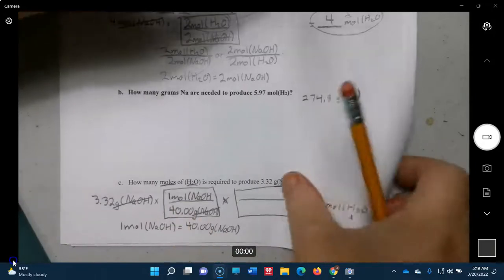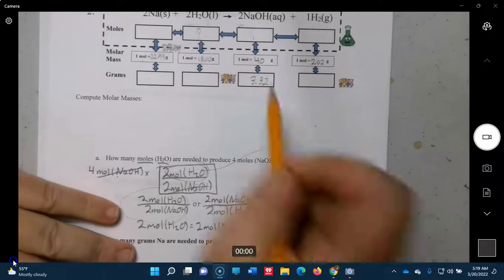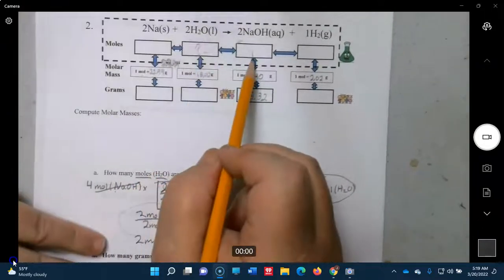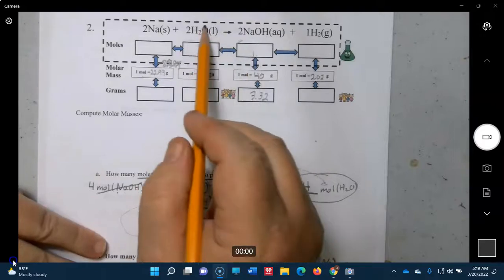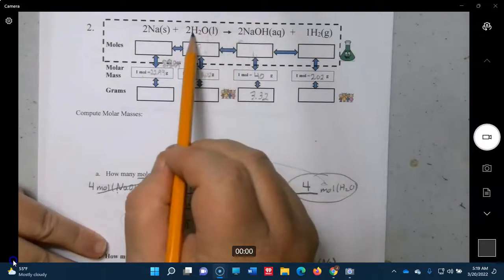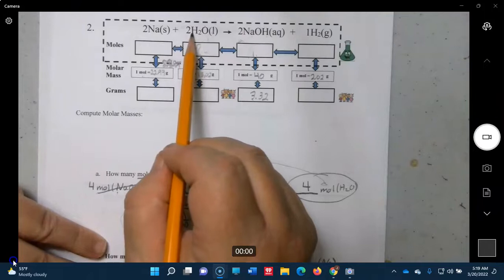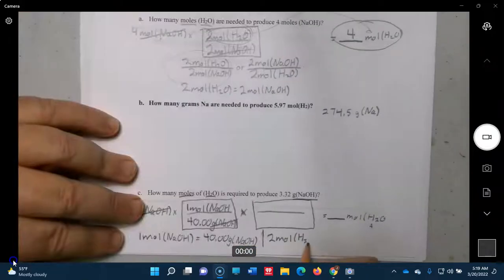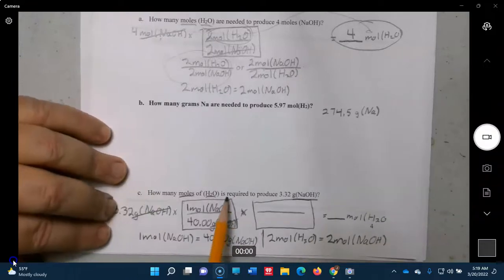Now we are sitting in this box right here, in moles of NaOH, and we need to go to moles of H2O. Again, the equation tells you what that relationship is: 2 moles of H2O equals 2 moles of NaOH. What we have on top here has to be on the bottom here.